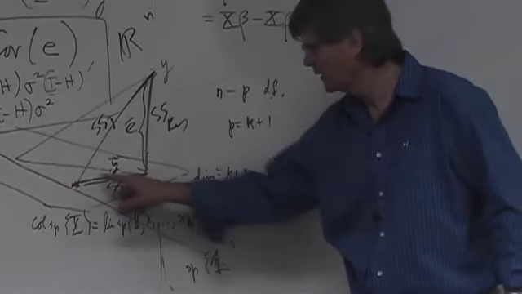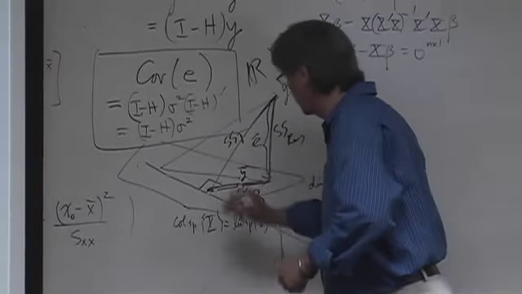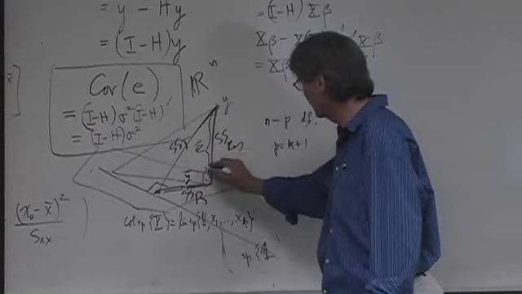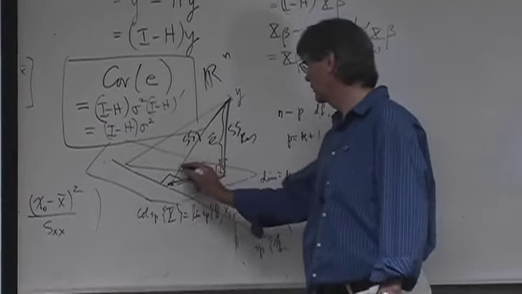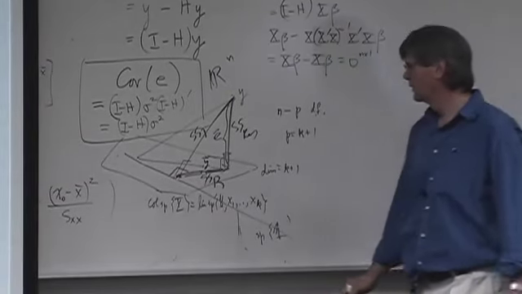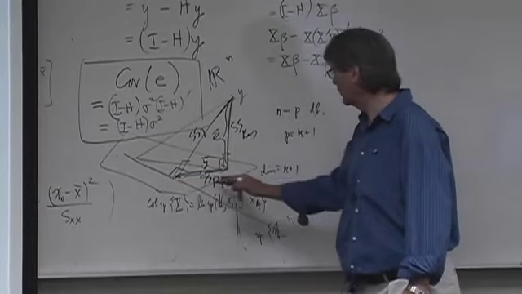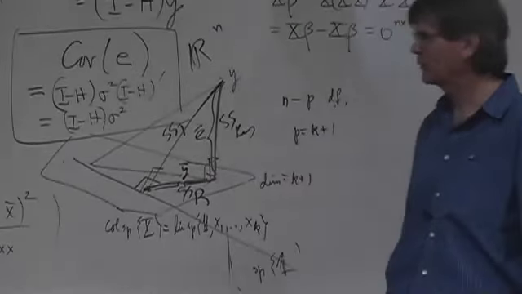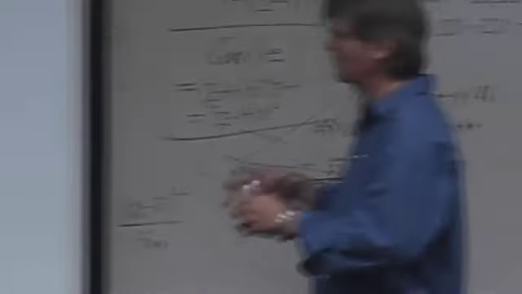So there's a right angle there, a right angle here, and of course this is a right angle too, because I'm projecting y onto the line as well, y bar times 1. So SSR has 2 degrees of freedom. This one has n minus p degrees of freedom, and that's exactly what I divide by. What I'm checking is that n minus p degrees of freedom was exactly the right thing to divide by.